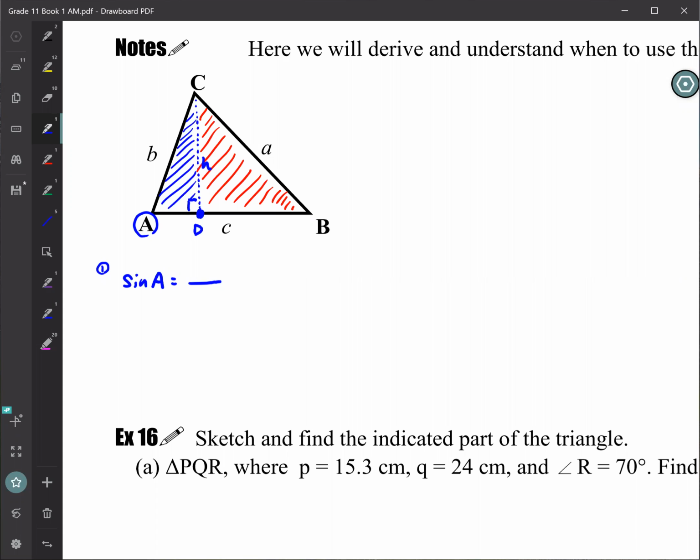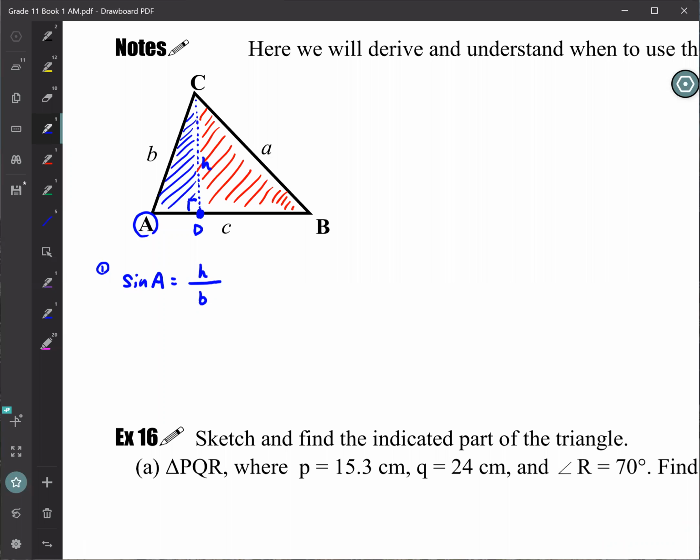So which one over which one? Aaron? Opposite over hypotenuse. H over B. Yes, very good. H over B.